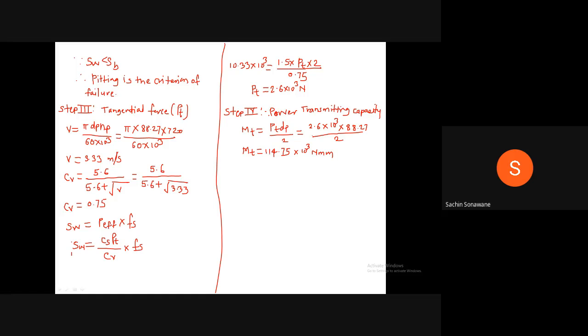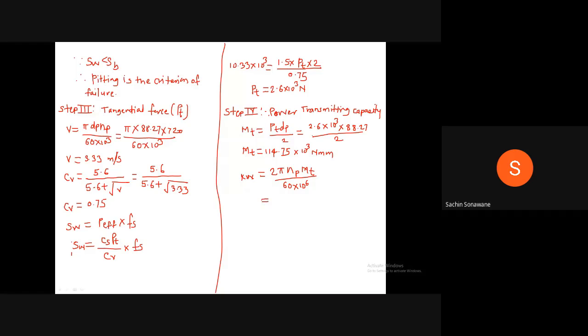Now, once you calculate torque transmitted, calculate power. Therefore, kilowatt is equal to 2 pi into Np into Mt upon 60 into 10 raised to 6.